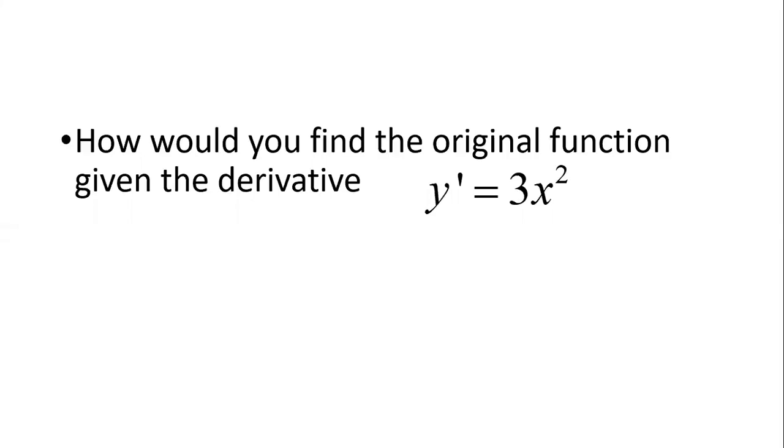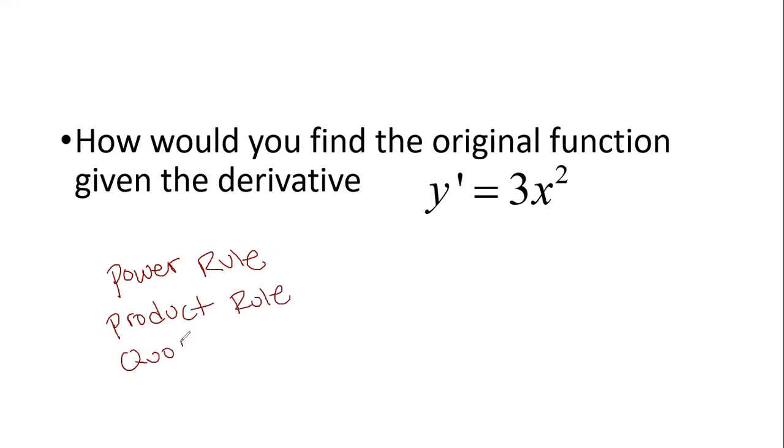Now, we know that there are a number of ways to find derivatives. We can have derivatives using the power rule. We've got the product rule. We've got the quotient rule. And we've got chain.